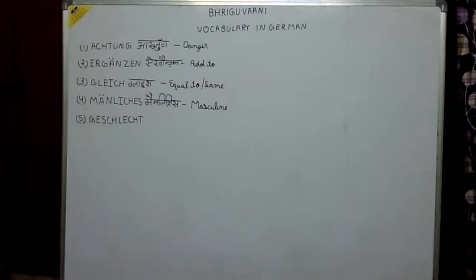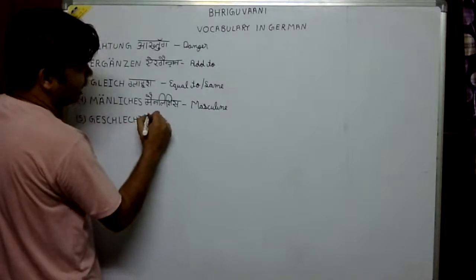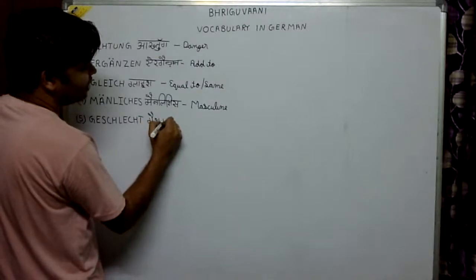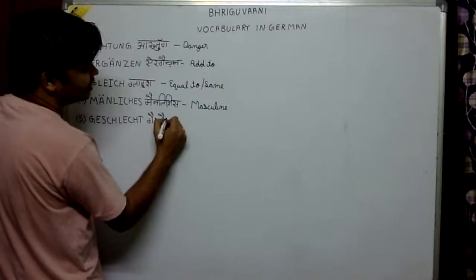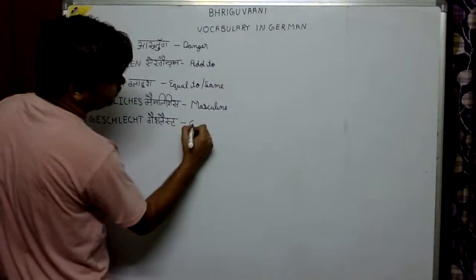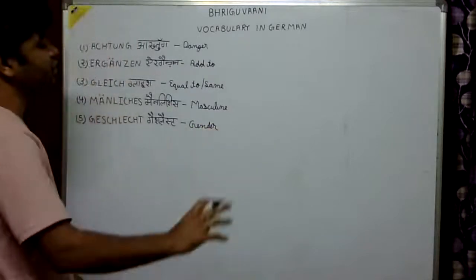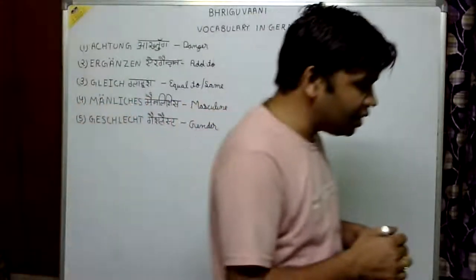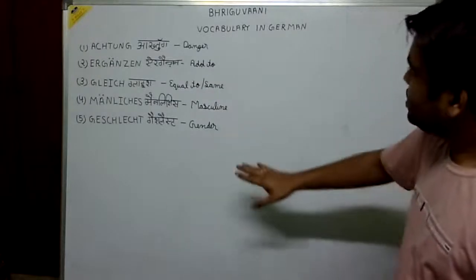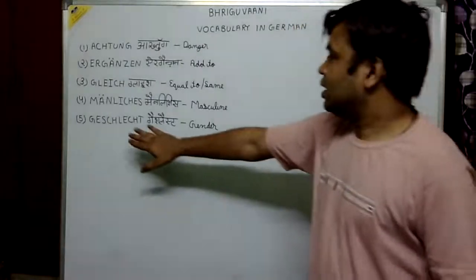What does this Geschlecht mean? I shall write in Hindi. This Geschlecht means gender. What is your gender? So you will say I am a male, or you will say I am a female. For that gender, we use the term Geschlecht.